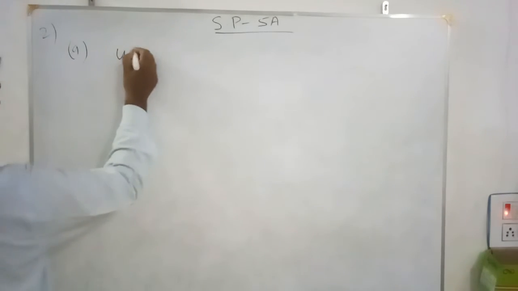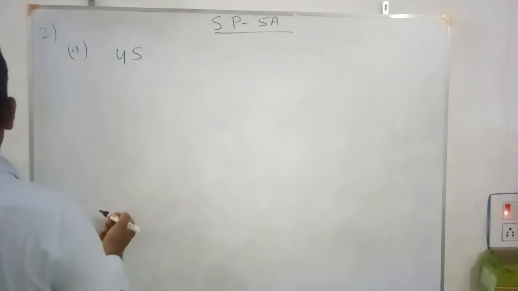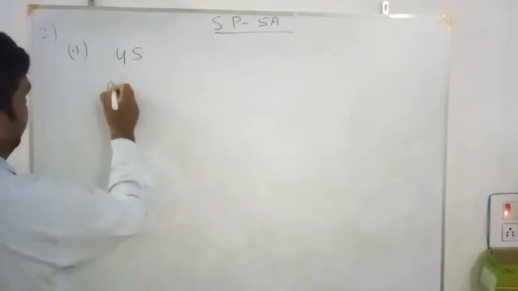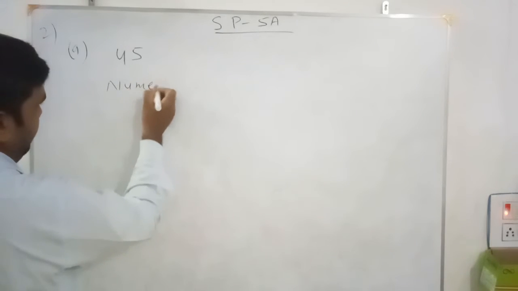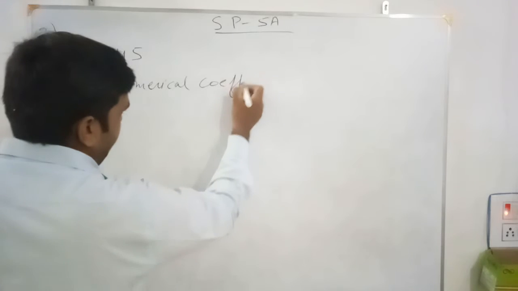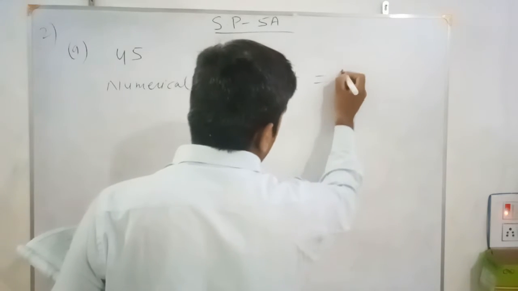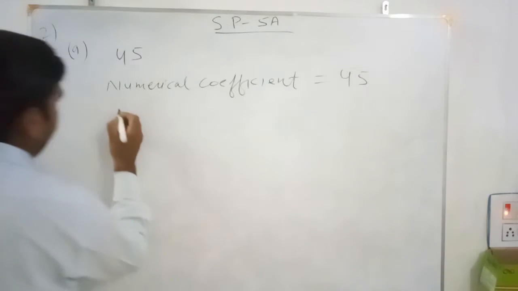So 45: the numerical coefficient is 45, and what is the degree? The degree is 0.